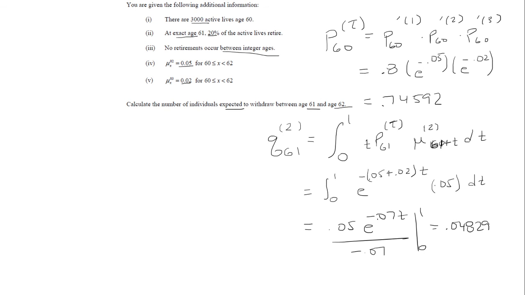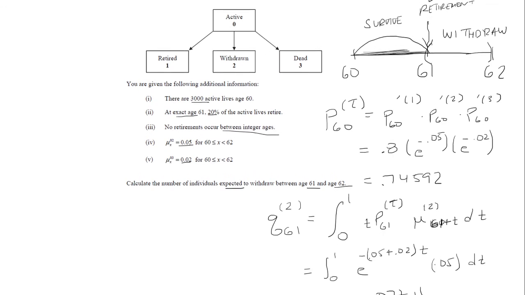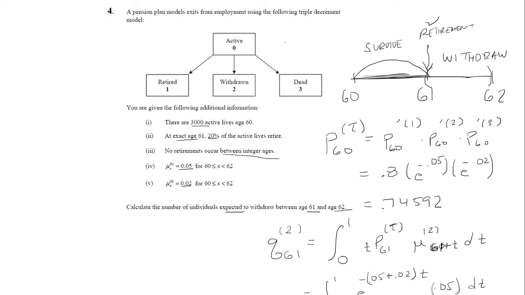But currently we're at age 60. So we have to first survive age 60, which is this probability, and then we can withdraw, which we just found to be 0.04829. So if we include both of these probabilities, we just have to multiply them and also multiply by the number of people, right?